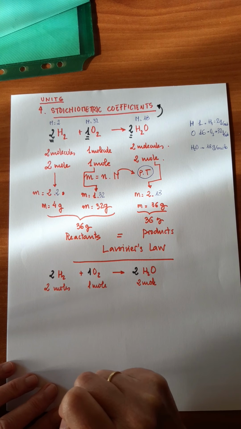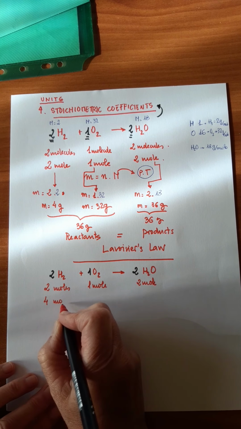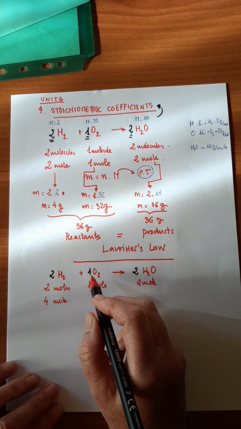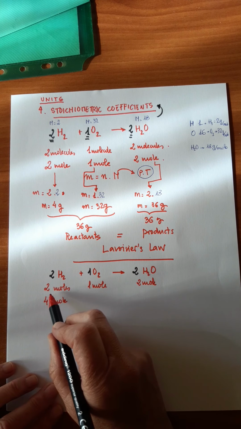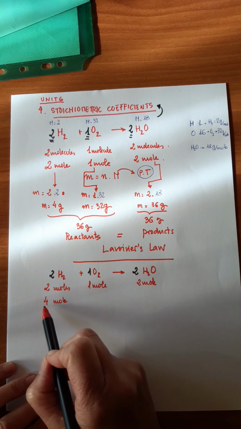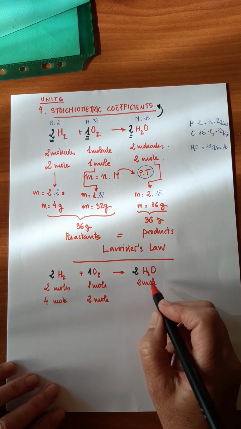For example, if I have 4 moles of hydrogen, how many of oxygen do I need to react with 4? Well, it's just the proportion. If 2 need 1, 4 need 2. And how many moles of water will we get?